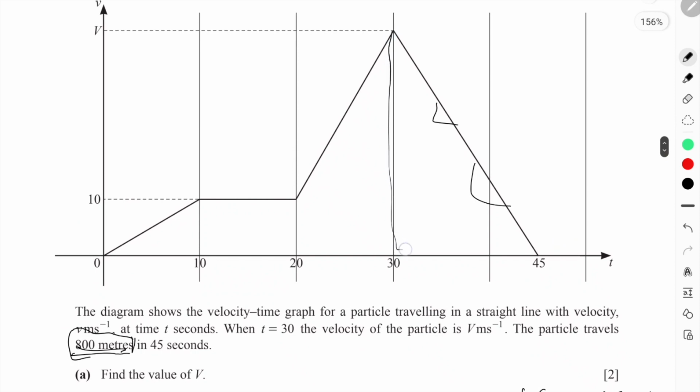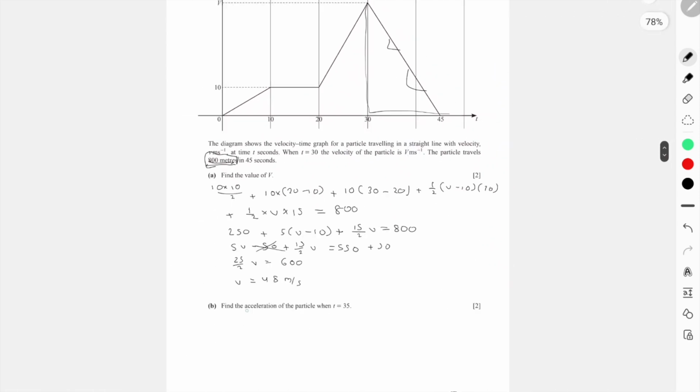So we just find this gradient. So acceleration is basically gradient, and gradient is basically 0 minus v divided by 45 minus 30, and then that's minus 48 divided by 15. And that's minus 16 by 5.